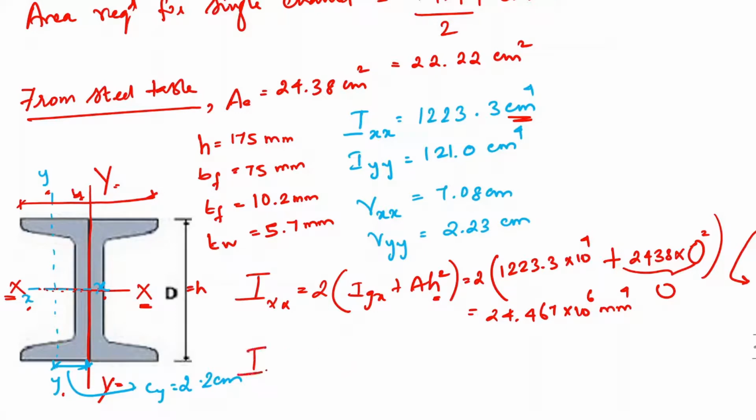Now let me find the global moment of inertia about axis YY.